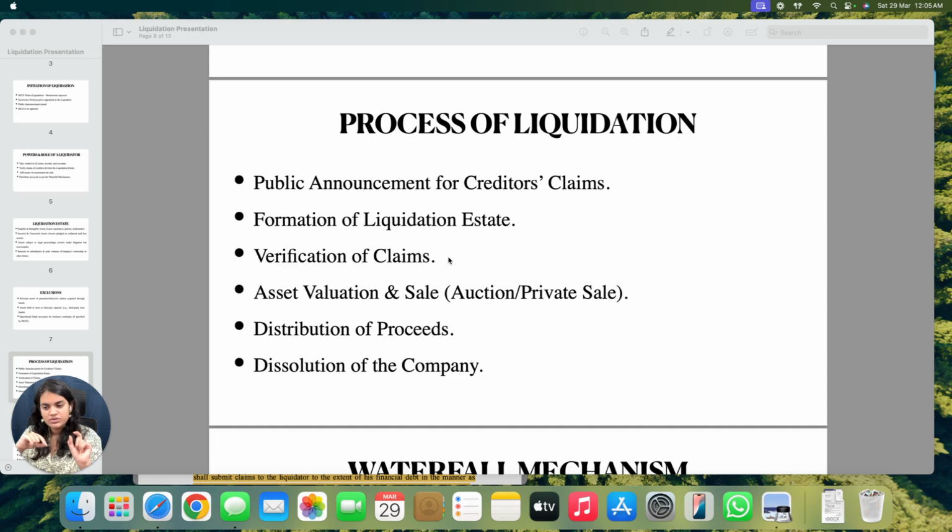All of the stakeholders of the corporate debtor will be made part of the stakeholder consultation committee. This committee also includes operational creditors and they are given a voting right.